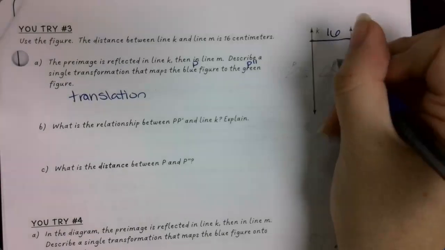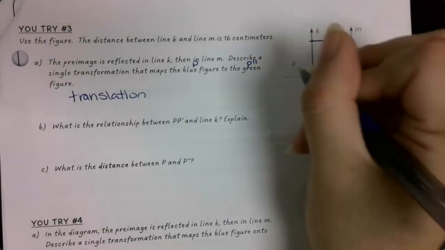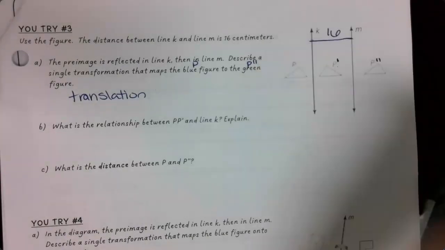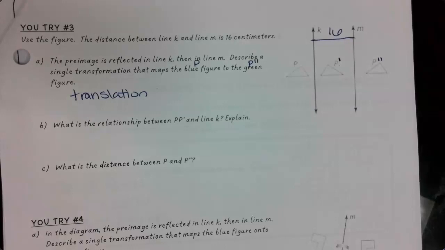No, these also didn't show up very well. This one's P prime, and this one's P double prime. B is asking what is the relationship between P and P prime in line K, and explain.